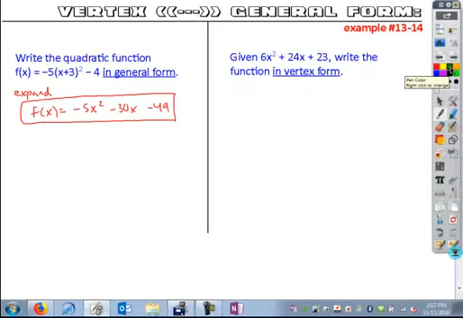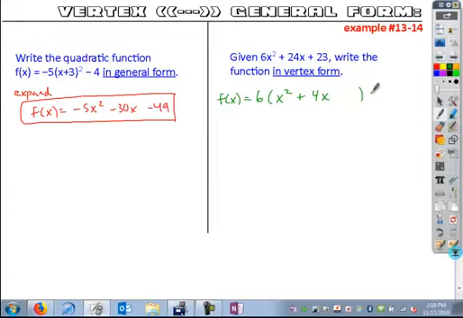I'm going to complete the square first. One way that you can find this is to complete the square. What you're going to do is remove your leading coefficient, and that's going to leave me with an x squared plus, when I remove a 6 from 24, I'm left with 4x.